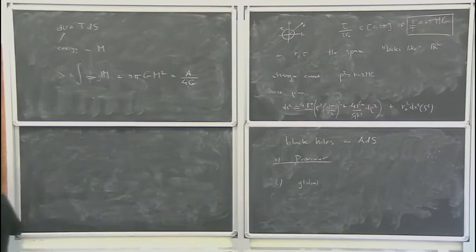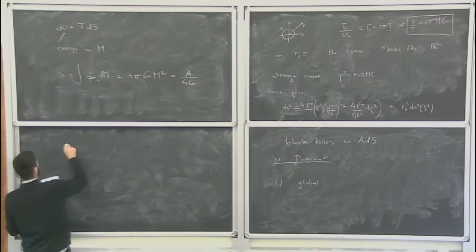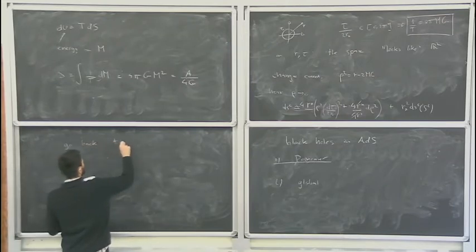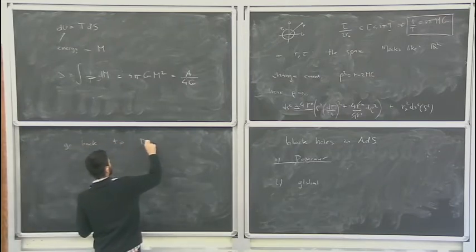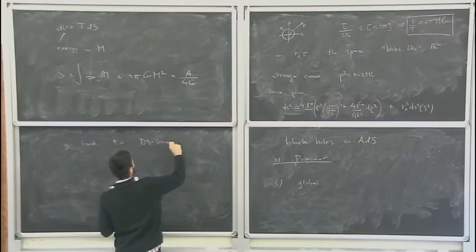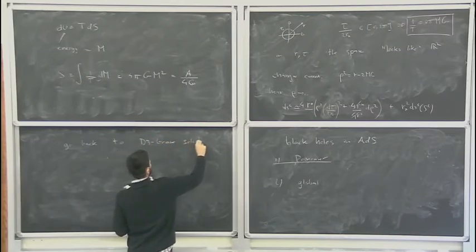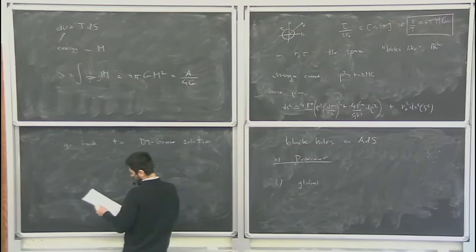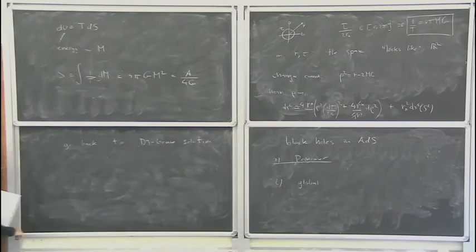And to do that, I'll go back, and this is perhaps the second of 3 times that we'll do that. Go back to the D3 brane solution. And make explicit a comment which I made at the time.